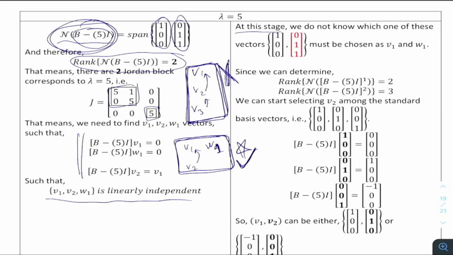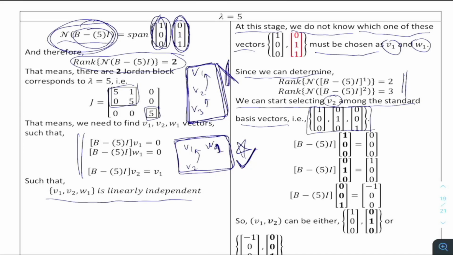Continue from this location. At this stage, we do not know which one of these vectors, this one or this one, must be chosen as v1 and w1. Since we can determine this, we can start selecting v2 among the standard basis vectors. v2 is one of those.